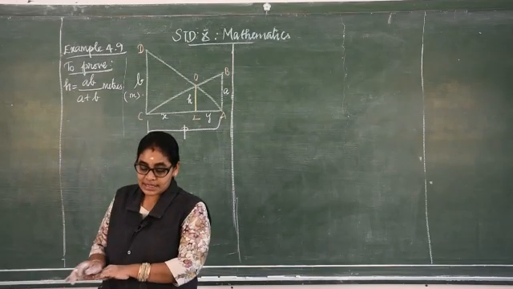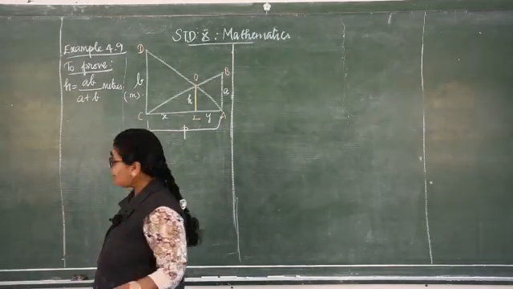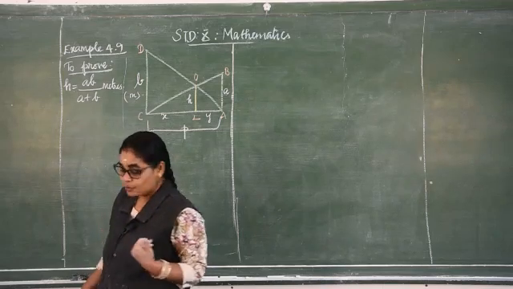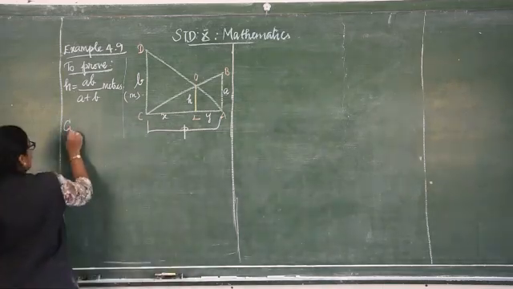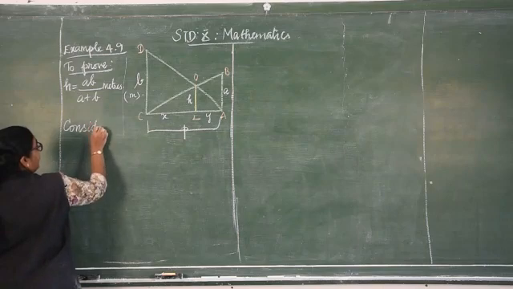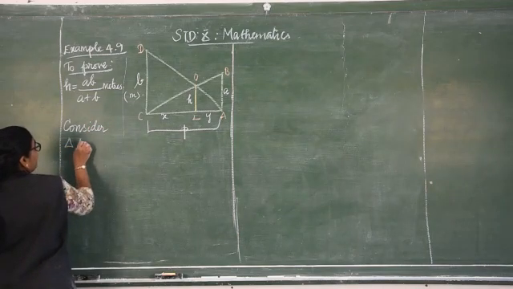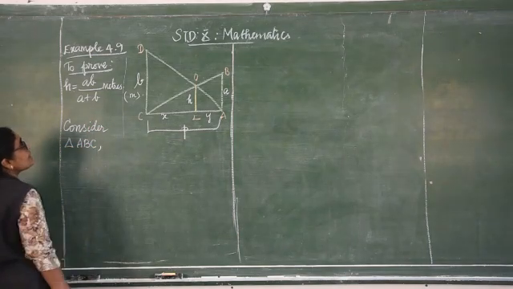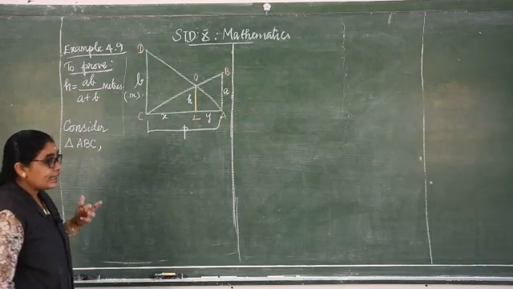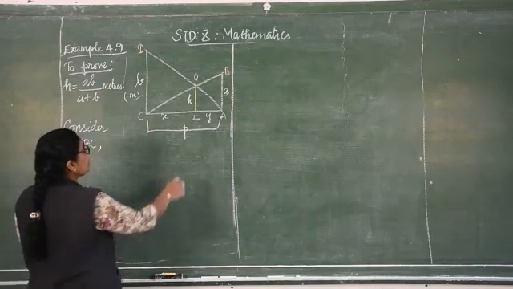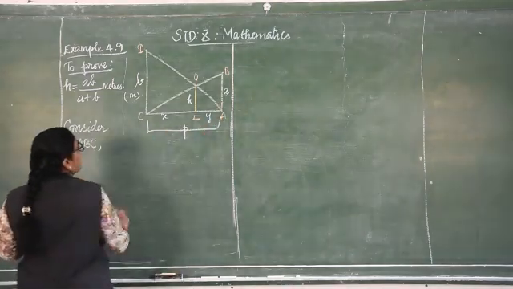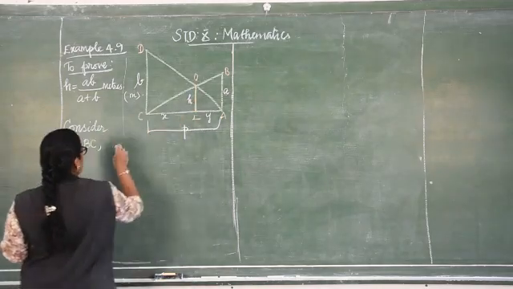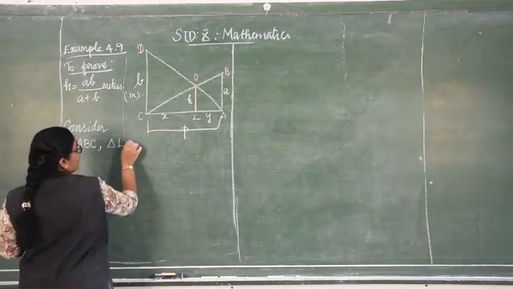So let us consider the triangle first, ABC and LOC. Consider triangle ABC, and triangle LOC.